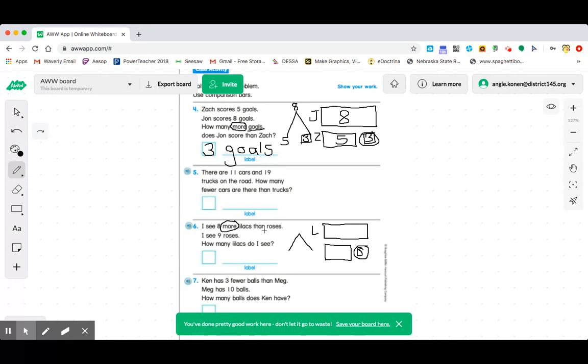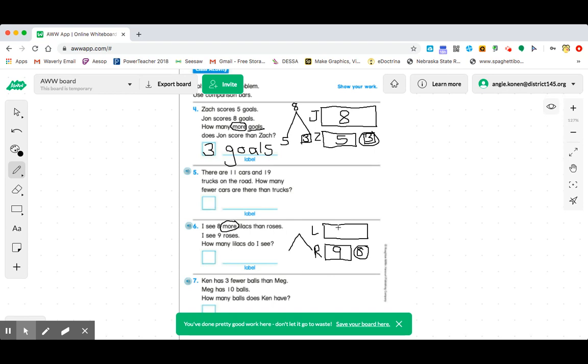Okay, it says lilacs, but do I know how many more? I do not know how many more, okay? But I do know how many roses I have, okay? So I have roses, and it says I see 9 roses. So I know that there's less, so I'm going to put 9 here, okay?